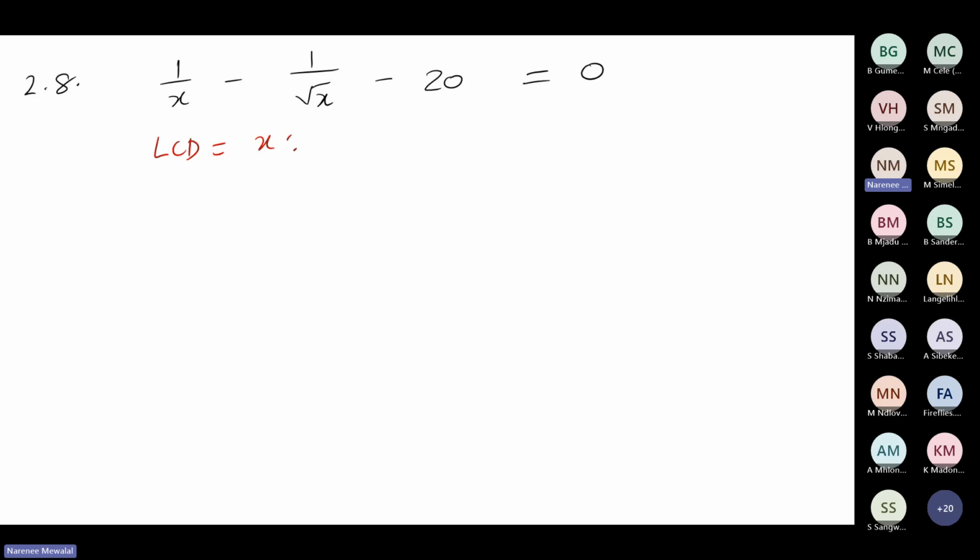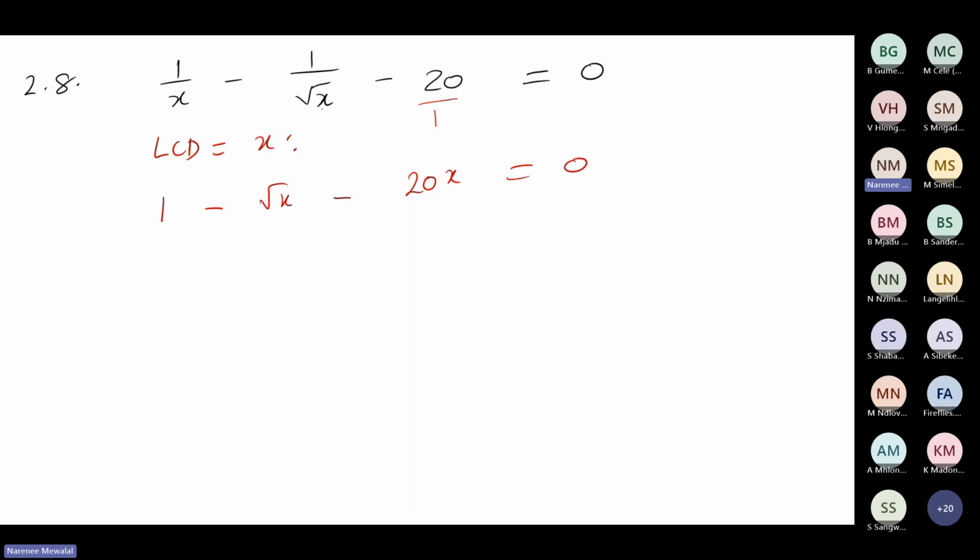And so you're going to multiply throughout by that. So x into x, 1 times 1 is 1, minus x divided by root x is root x. So root x times 1 is square root of x, minus, and here you've got over 1, x divided by 1 is x. And so x times 20 is going to give you 20x is equal to 0.